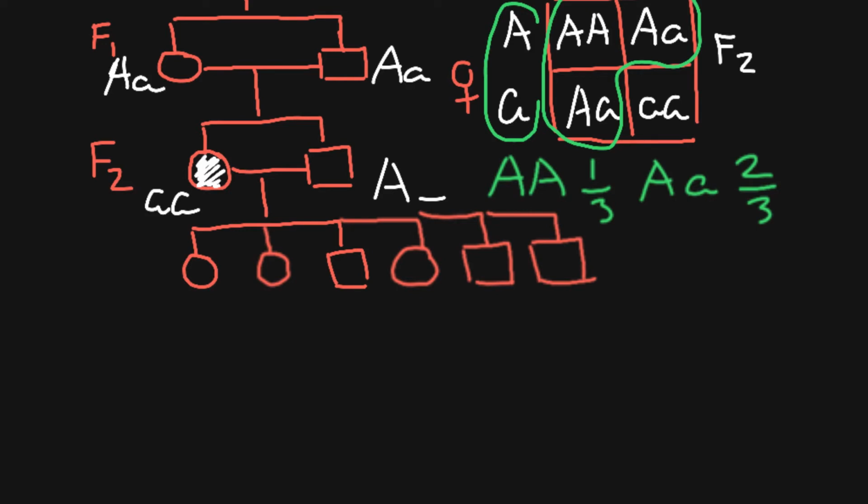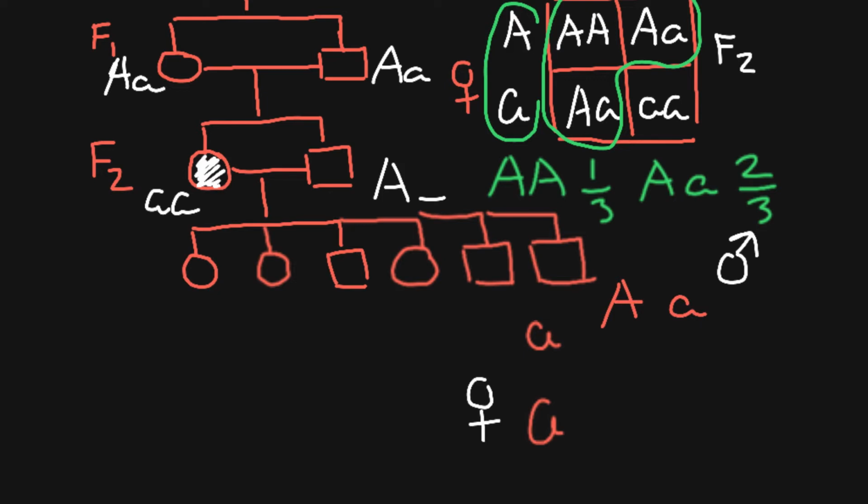Once again, let me draw a Punnett square and let's suggest that this parent is heterozygous, which has probability 2/3. So once again, the female parent's genotype is known, which is small a, small a. So this is the female side, and here is the male side, and let's suggest that the male is heterozygous.